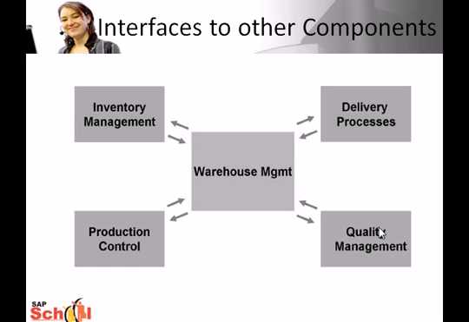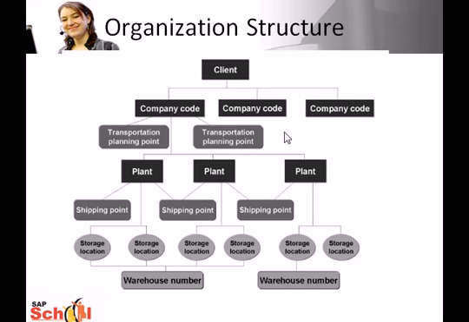Finally, if you also use quality management in your implementation, you can configure the interface to warehouse management to control how goods are dealt with in the warehouse if they have to undergo a quality inspection. So this slide shows the positioning of warehouse management within the overall system of logistics.